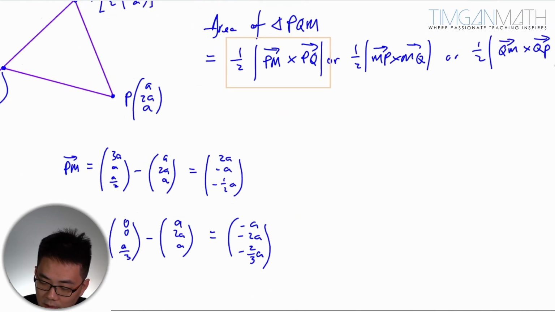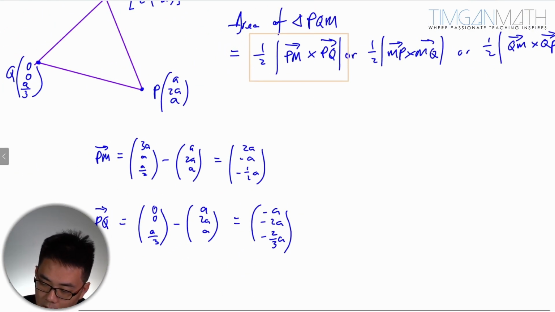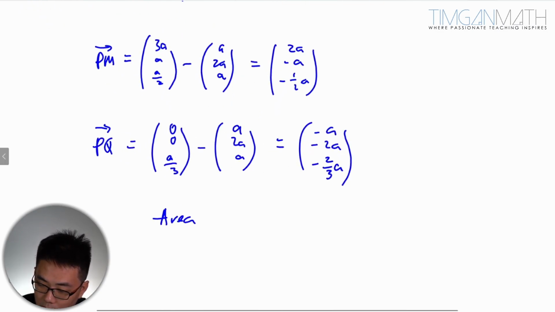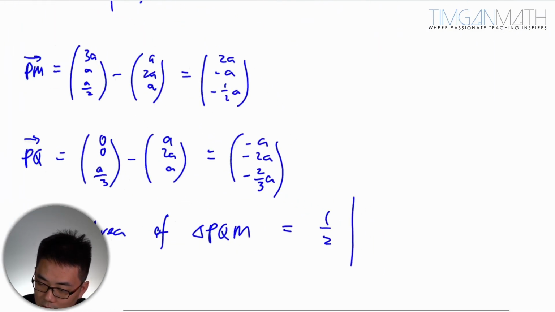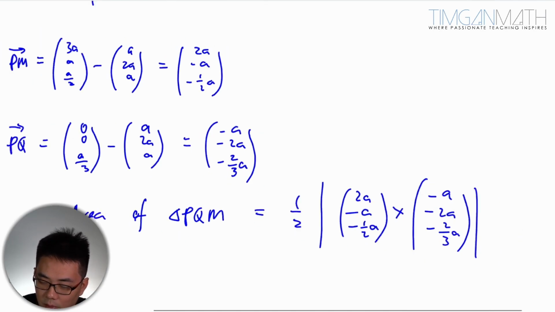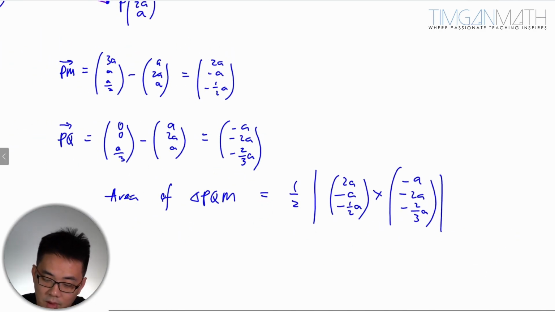Okay, so the area of triangle PQM is half PM, so it's 2a, minus a, minus half a, cross with minus a, minus 2a, minus 2/3 a. You can actually just take the positive side, even though it's very unsightly.